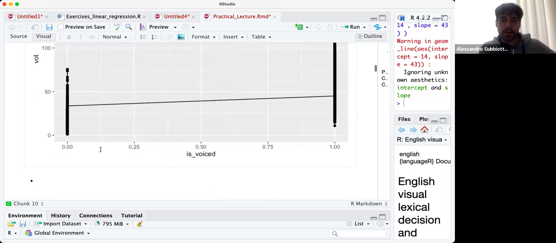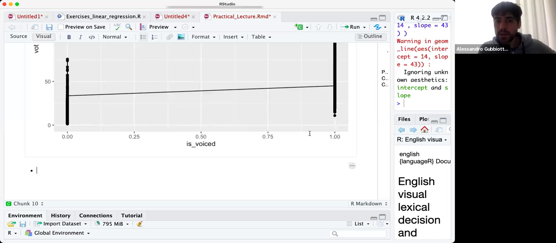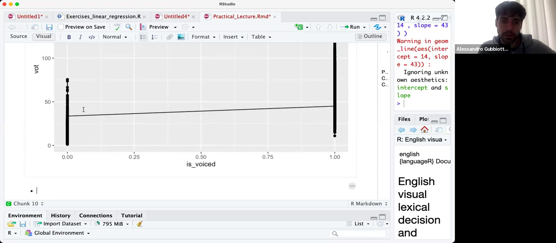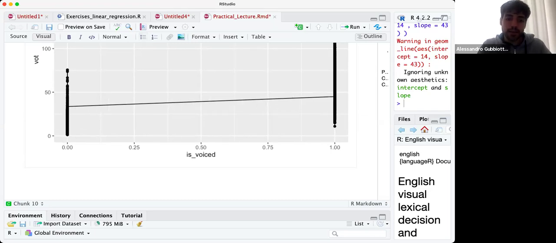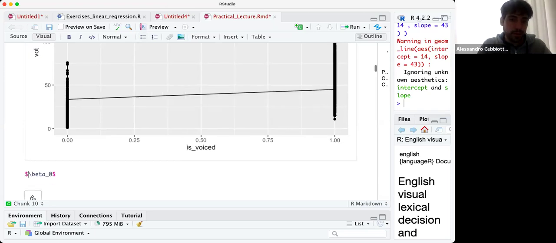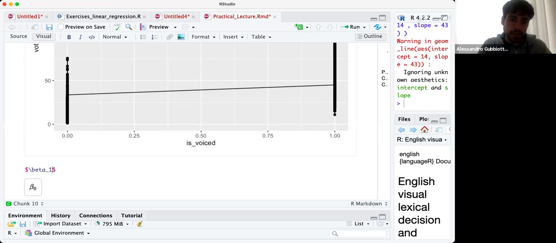Actually the points in the middle are really not interesting because we are simply interested in the zero and the one column. The p-values tell us that beta zero is not really important, but the p-value of beta 1 tells us that it is significantly different from zero.